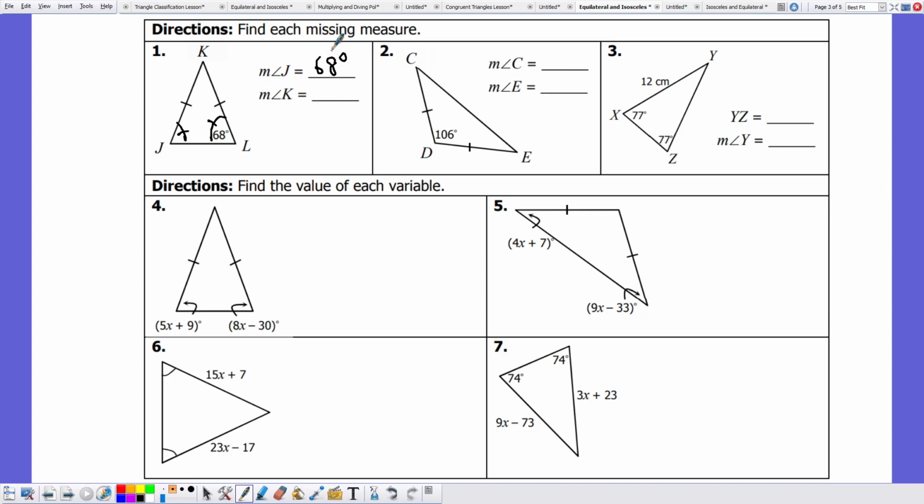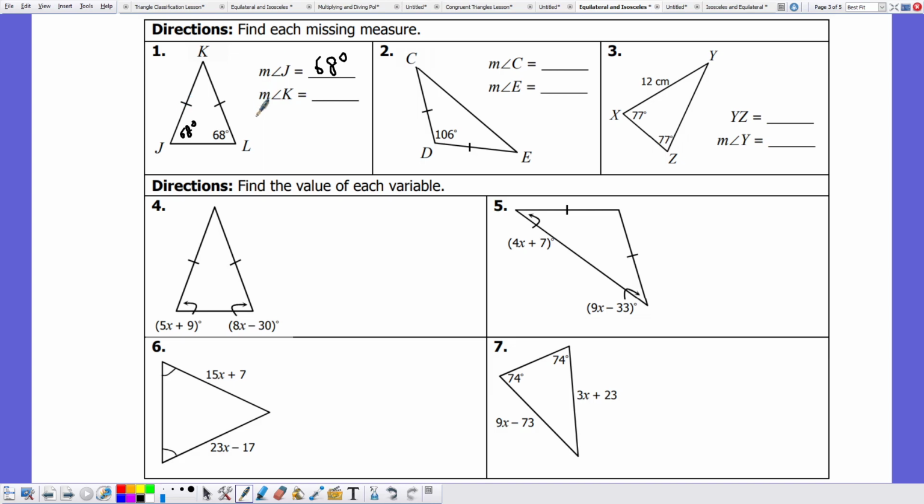So, how do we find angle K? Well, we know that the two angles are 68 degrees. And we know that the sum of the three angles in a triangle add up to 180 degrees.